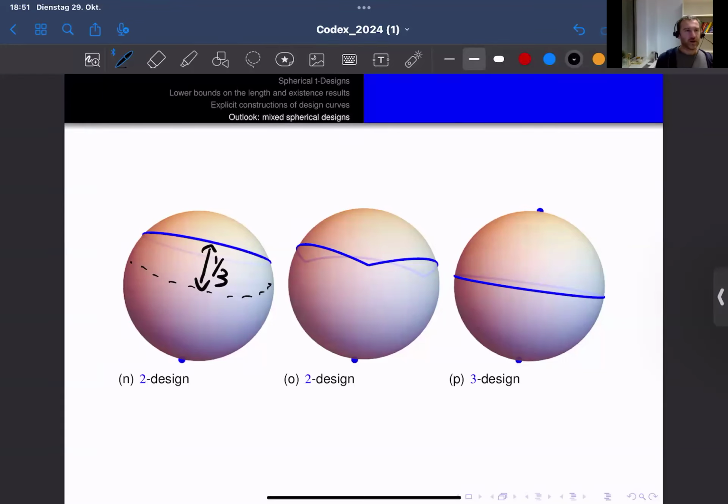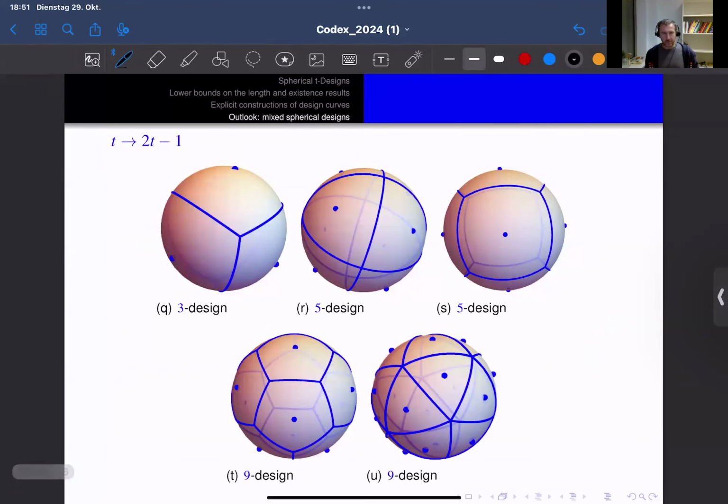For a curve to be a 1 design curve, the great circle is the shortest one. And now we take the shortest curve that's a 1 design, we take the minimal number of points that gives a 1 design, and if we combine them, we even have a 3 design. So we really gain something.